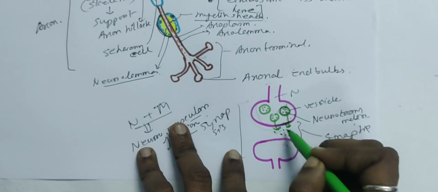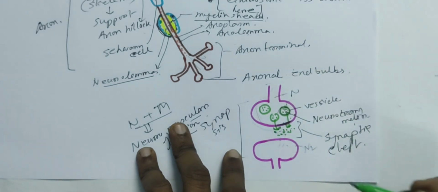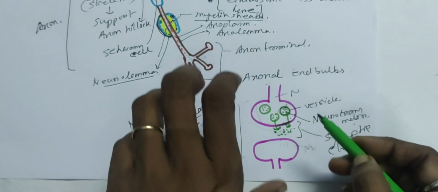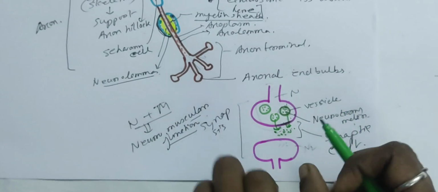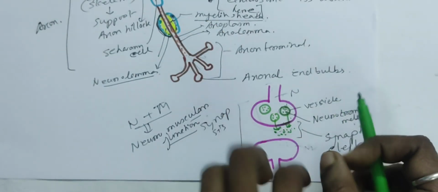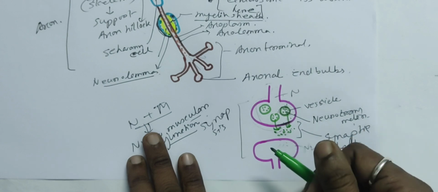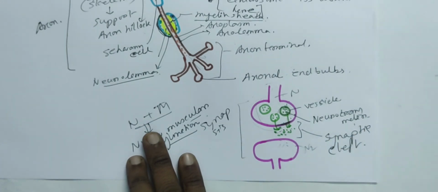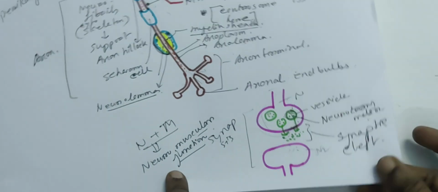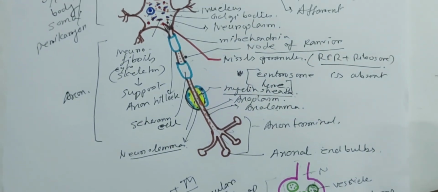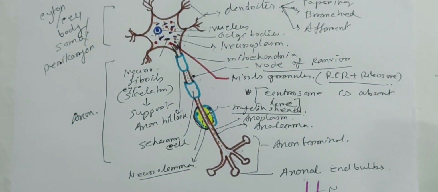Then the next neuron receives the signal. In that way, the impulse is conducted from one neuron to the next neuron. So these are all about the structure of the neuron.